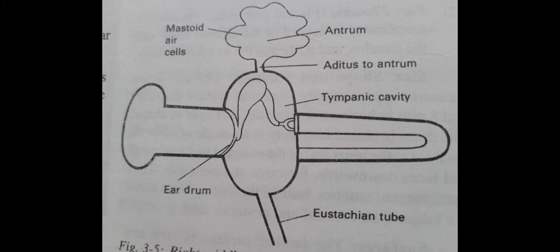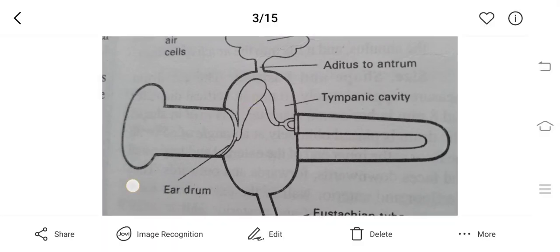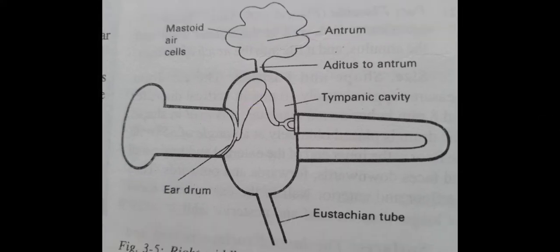Now the contents of the middle ear cavity. This middle ear cavity contains ossicles. There are 3 tiny ossicles, or 3 tiny bones, which conduct sound from the eardrum to the oval window. The first bone is called the hammer or malleus. It is the largest and most lateral ossicle and measures about 8 mm in length.